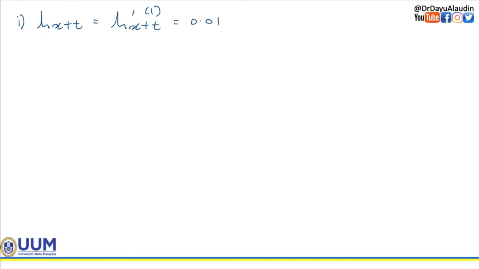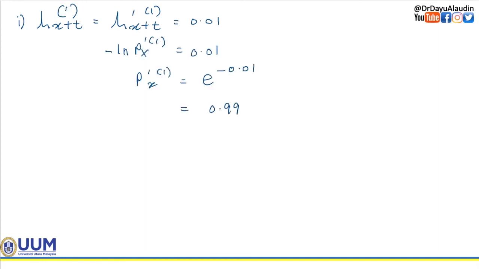First, we use this definition where mu x plus t is equal to mu x plus t prime equal to 0.01. And then we find the px prime 1 by taking exponential with the constant, and we got 0.99.